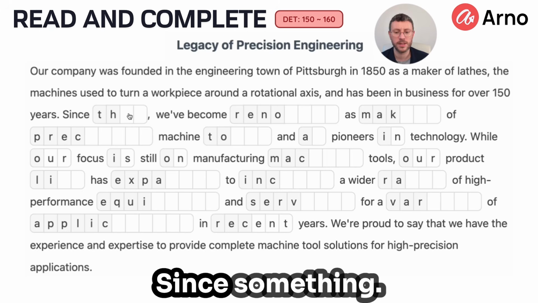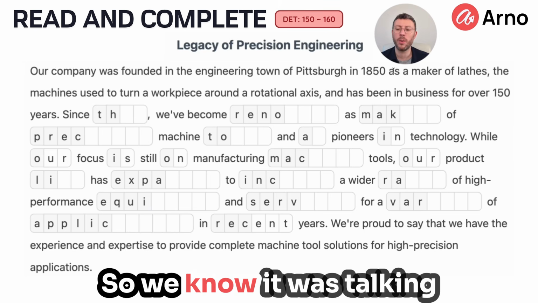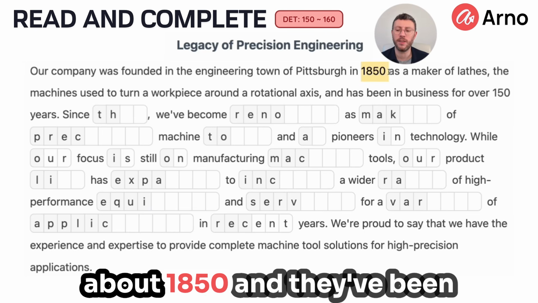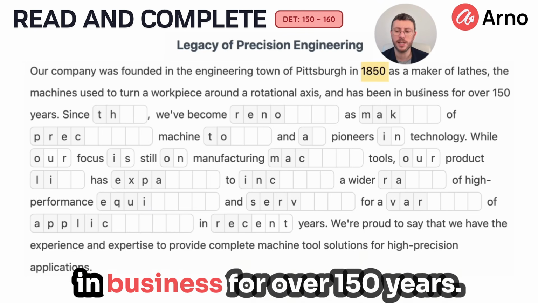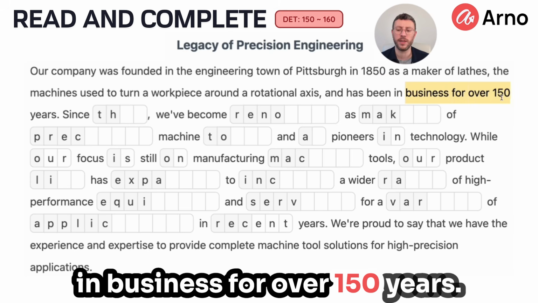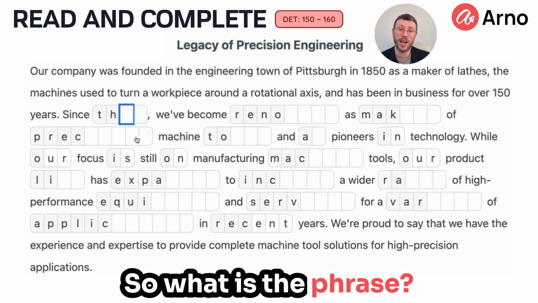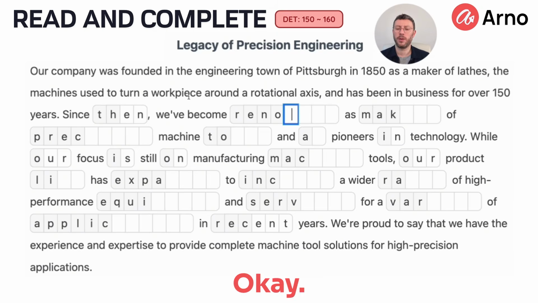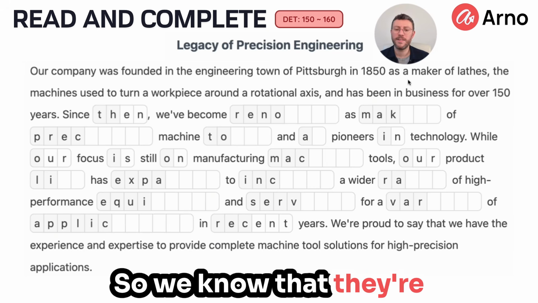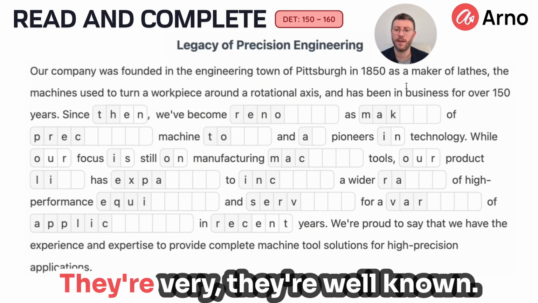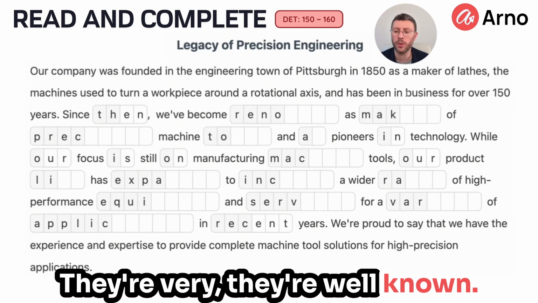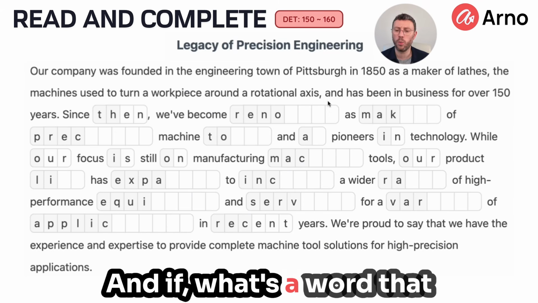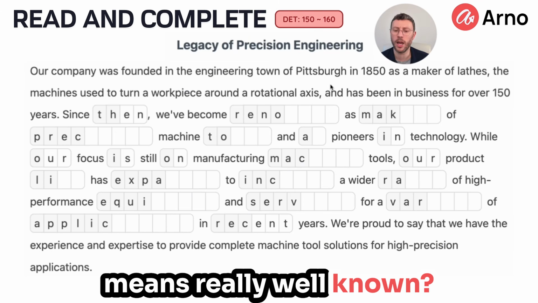Oh, this is an easy one. Since something. So we know it was talking about 1850 and they've been in business for over 150 years. So what is the phrase? Yes, since then. Okay, so we know that they're very famous, right? They're well known. And what's a word that means really well known?